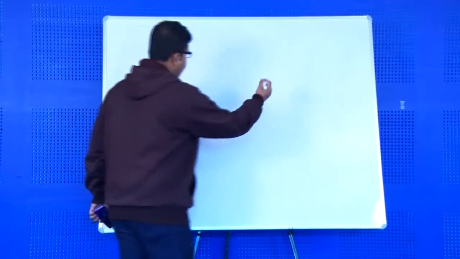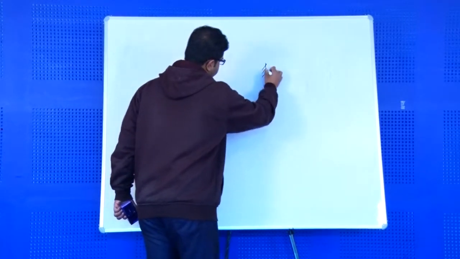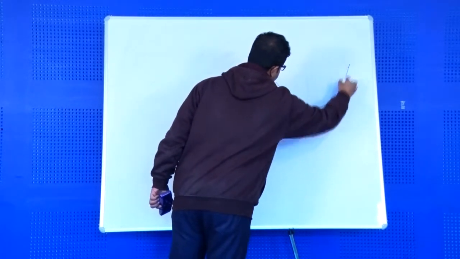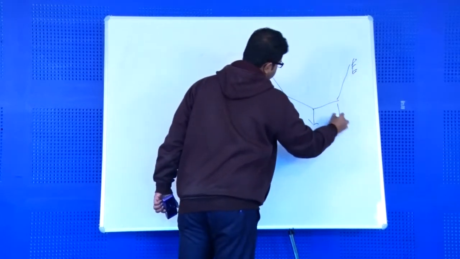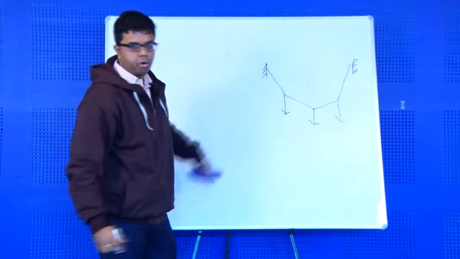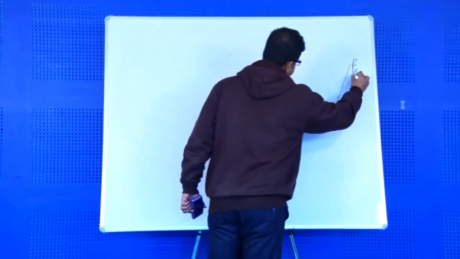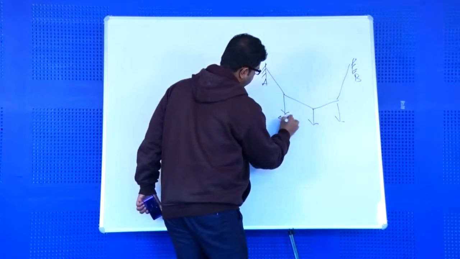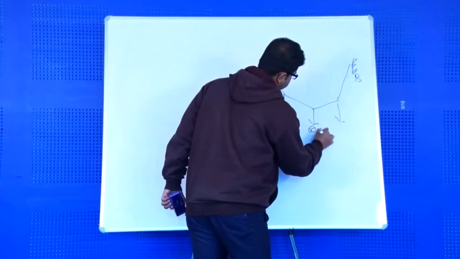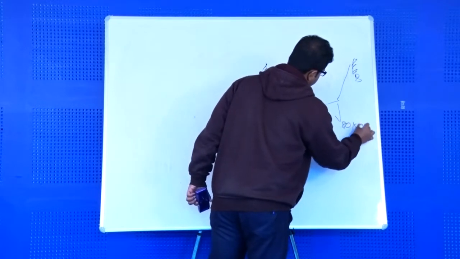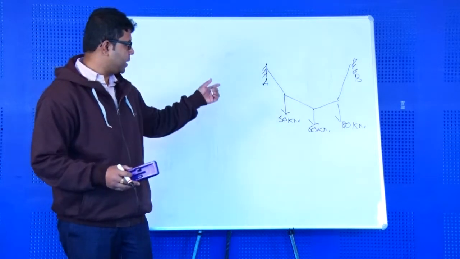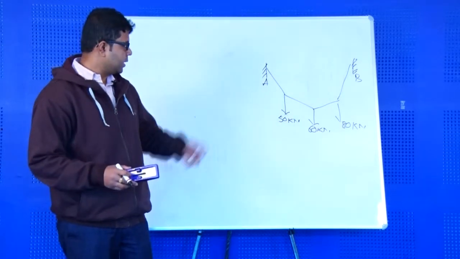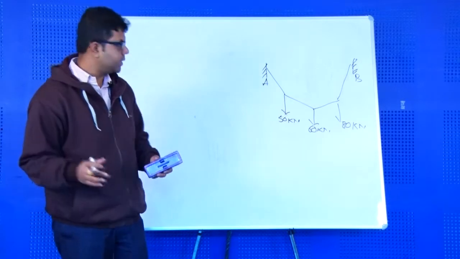In the last class we saw that suppose this is a cable between the two supports A and B, and 50 kilonewton, 60 kilonewton and 80 kilonewton loads are acting on the cable. In the last problem we saw how to find the various parameters so that the cable is stable and safe.